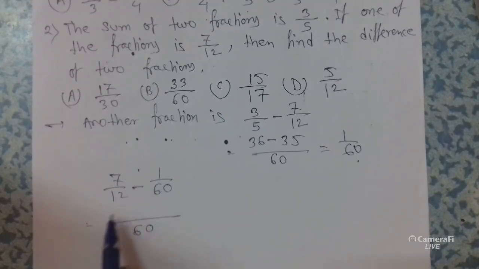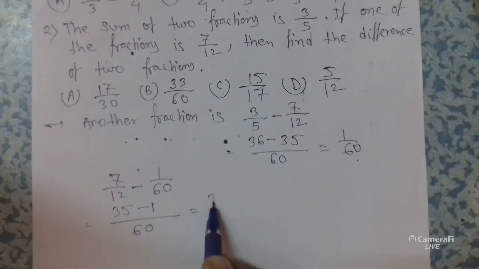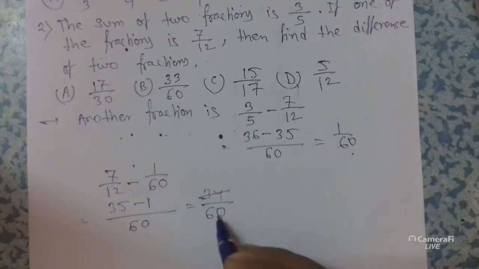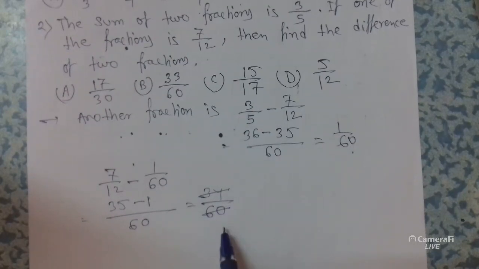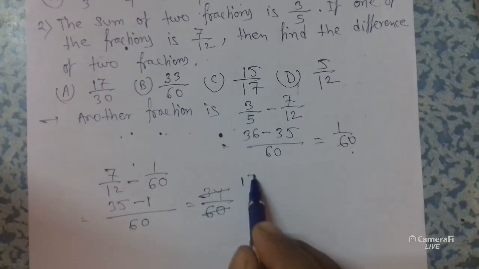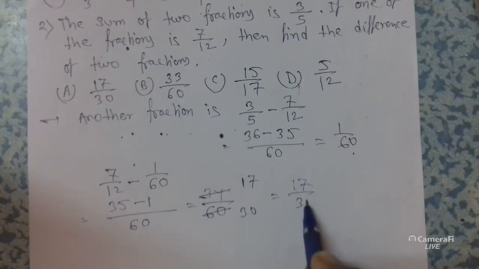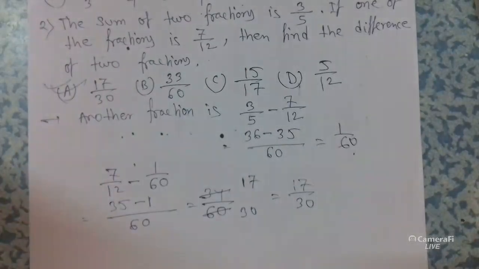So it will be 35 minus 1, that means 34 by 60. Now after this we have to simplify it. So divide both the numerator and denominator by 2. So it will be 17 by 30. So 17 by 30 is the correct answer. That means option A is the correct answer. So I hope all of you understood. Next problem.